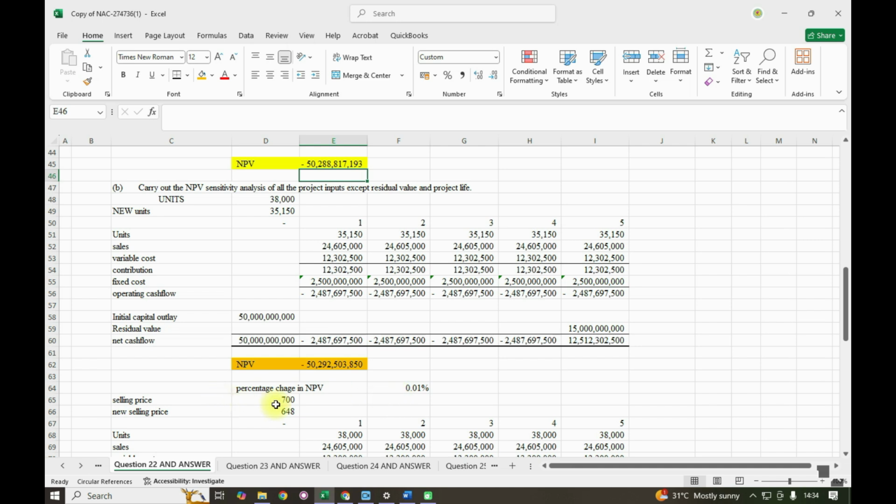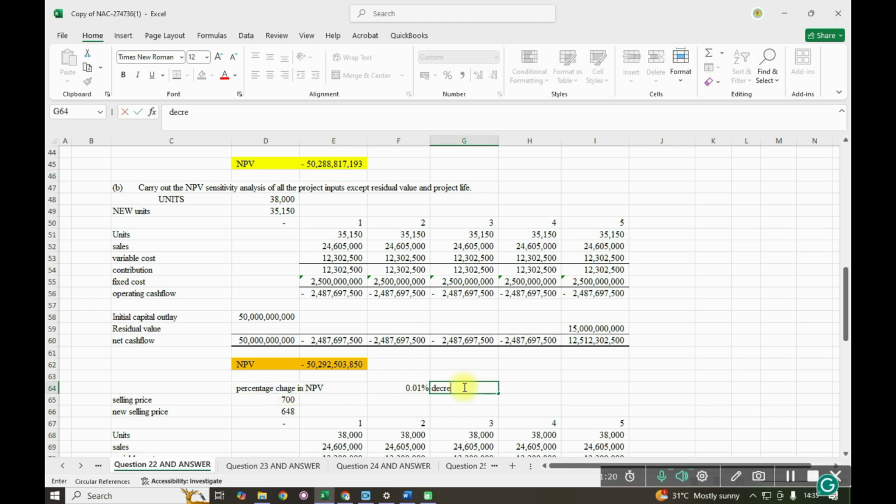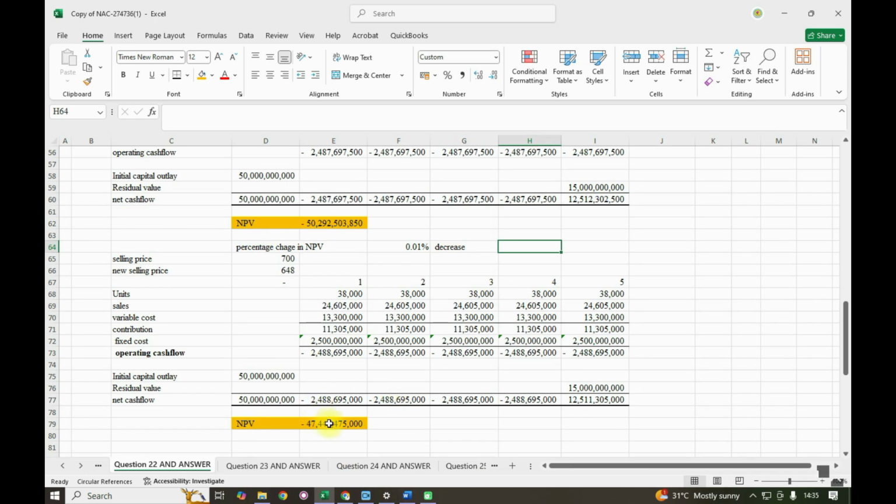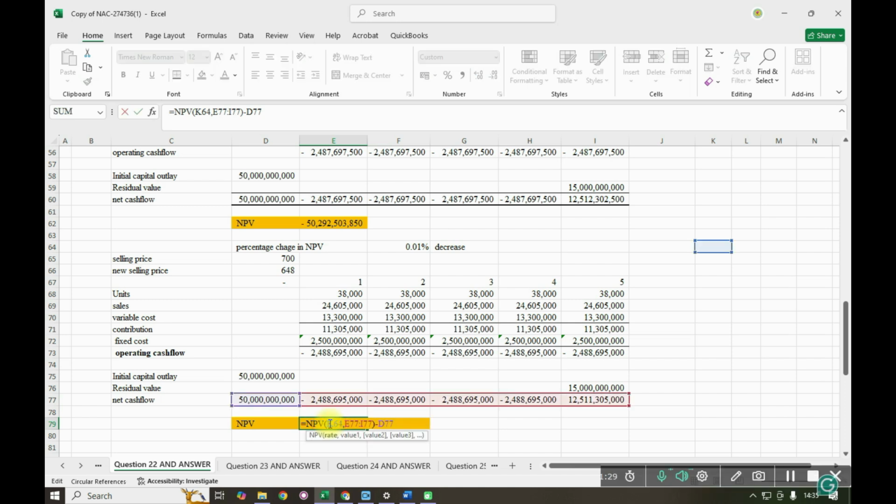But now percentage change in NPV, so NPV is increasing, but by a very small margin of 1% from negative. So it is a decrease, because in this case it's from 50 to this. Remember now, whenever we have the percentage change in NPV, this is a decrease. It will decrease by that particular amount.